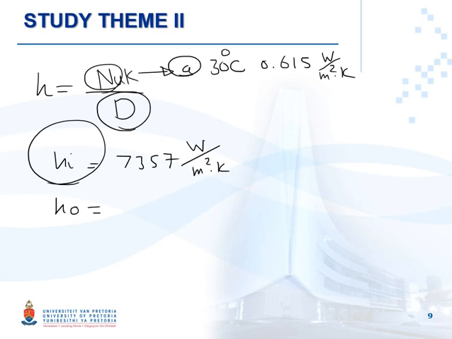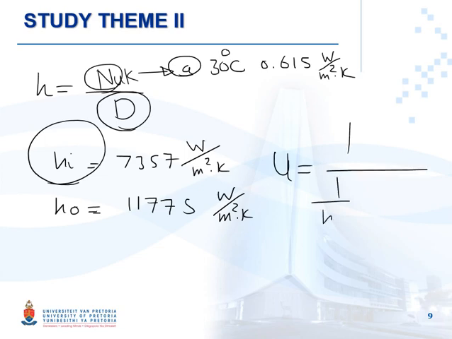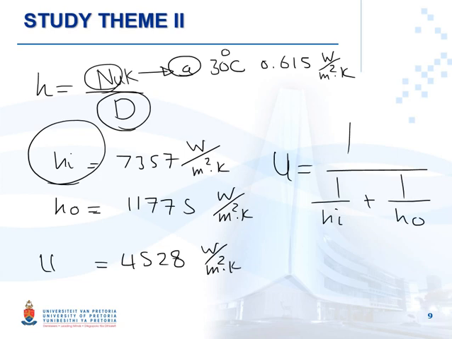We have the condensation heat transfer coefficient. So it's very easy to find the overall heat transfer coefficient. U will be equal to 4528, but just keep in mind that this unit is exactly the same as this one, so there is absolutely no difference between these two.